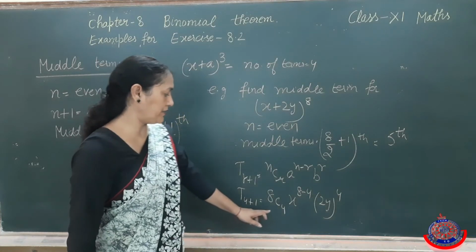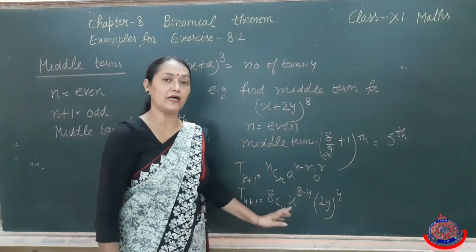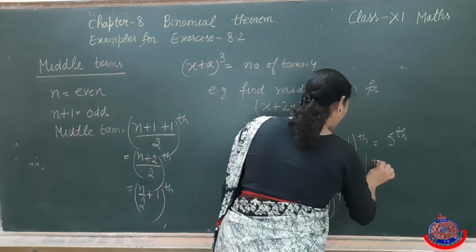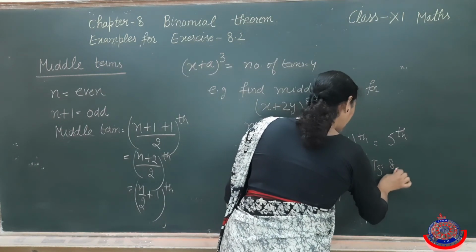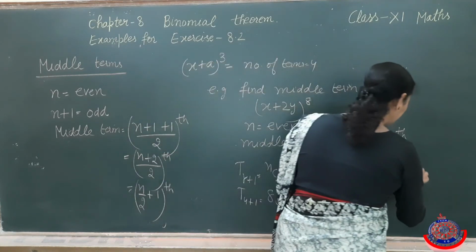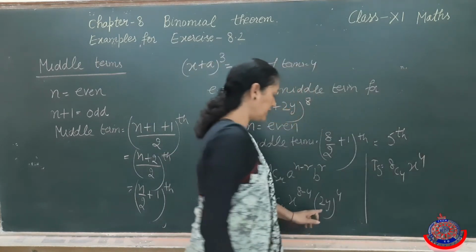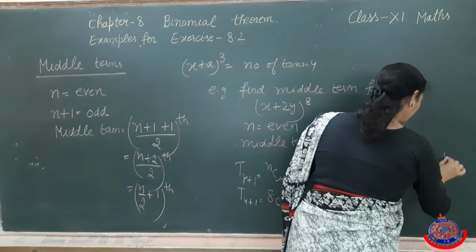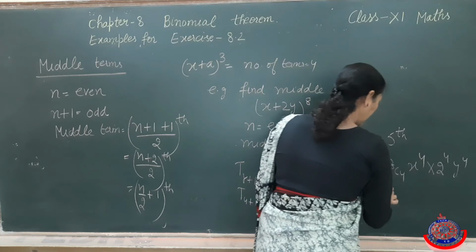So if you calculate the value of this term, you will be getting the answer of the middle term. So the middle term would be 8C4 x power 4. Opening this 2 and y, we will have 2 power 4 and y power 4.